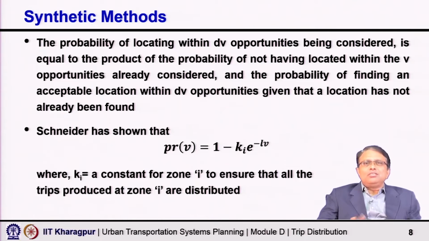So, into L dV. Snyder also has shown that probability of V can be expressed as 1 minus k I into e to the power minus L V. The L V meaning remains the same. K I is a constant for zone I to ensure that all the trips produced at zone I are distributed.